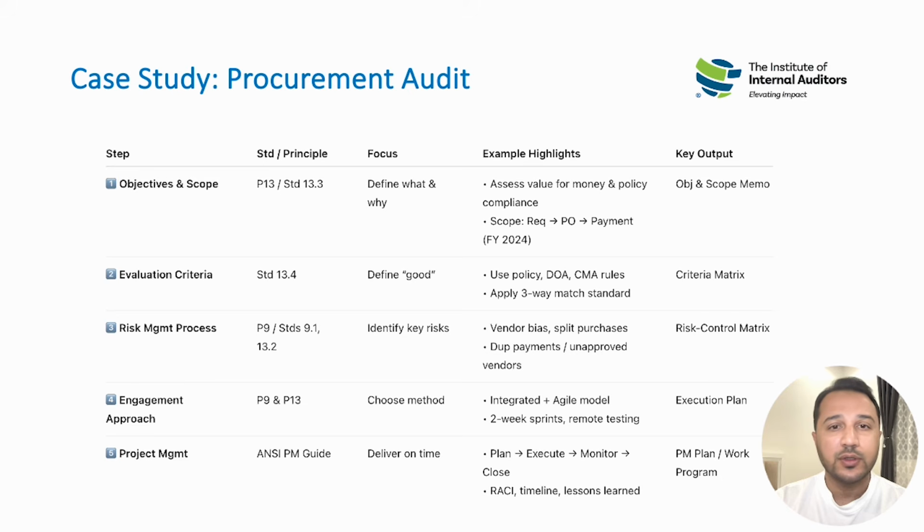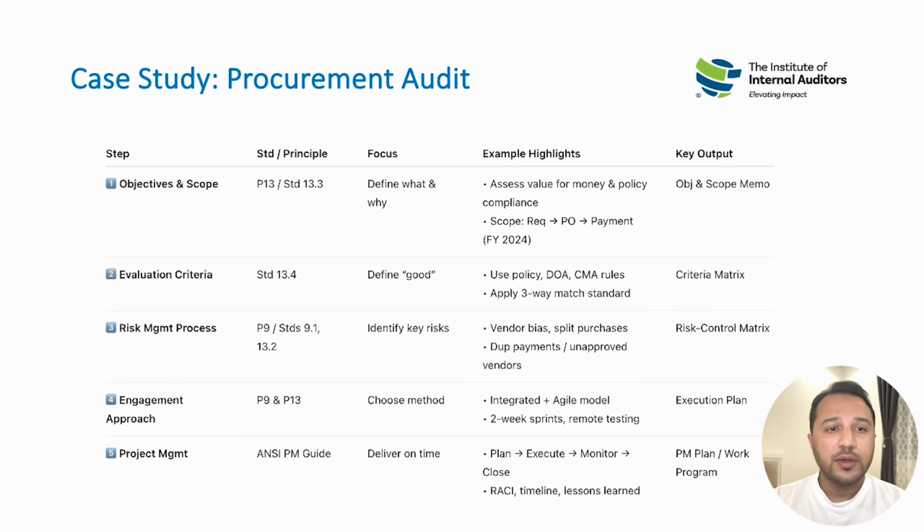For example, in objective and scope, in a procurement audit, just take an example that we have to request all the requisitions, review all the requisitions, purchase orders, payments, and see whether the procurement department is in compliance with the policies and procedures or not. The second element is the evaluation criteria, in which we can take the company's policies and procedures, applicable laws and regulations, and apply the benchmarking process of three-way matching in our procurement audit engagement and audit procedures.